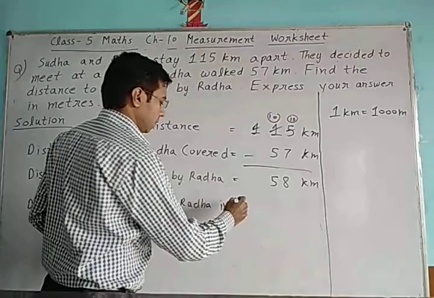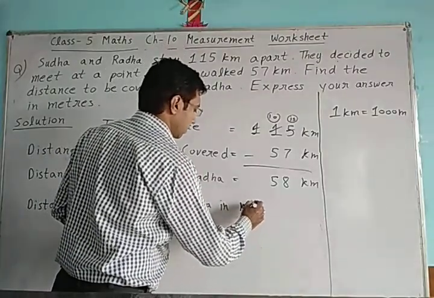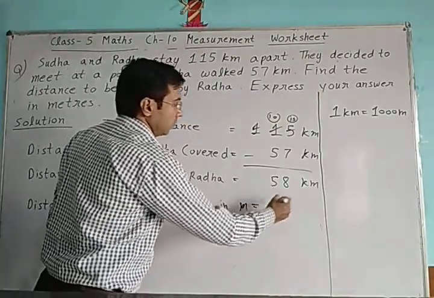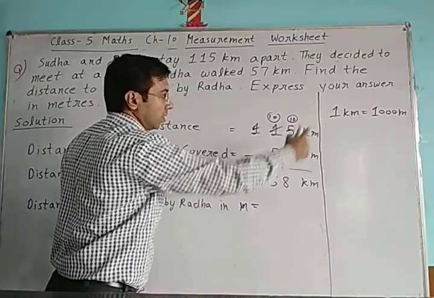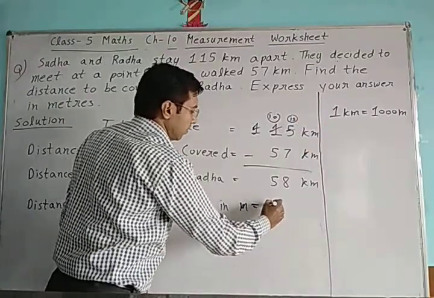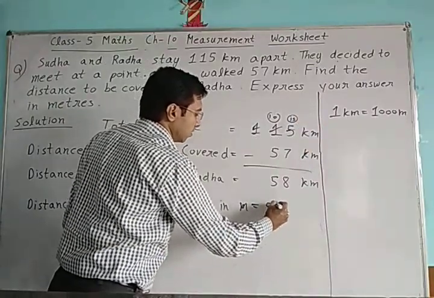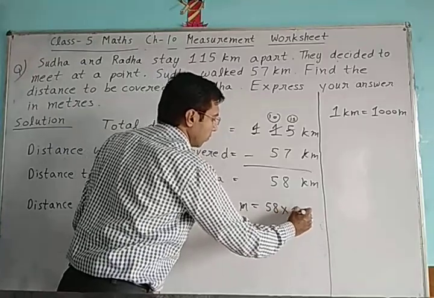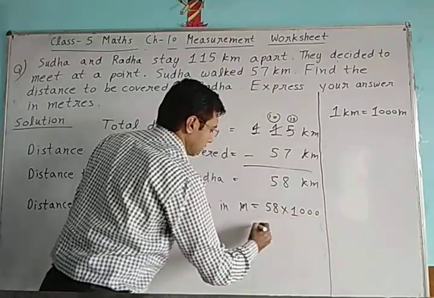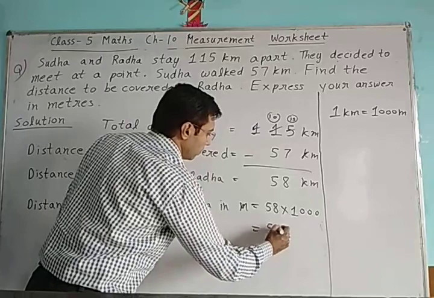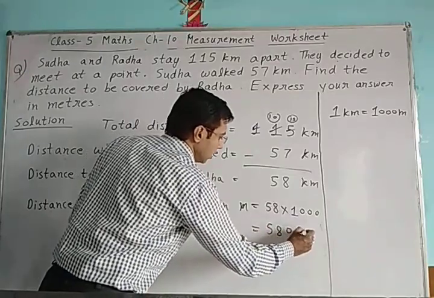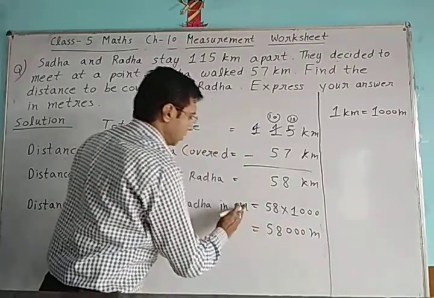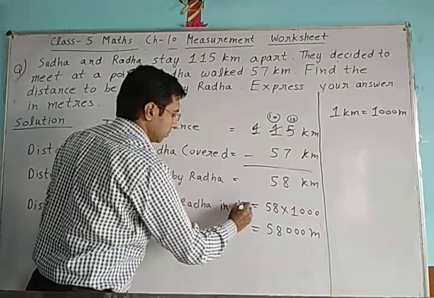So what we do? We know 1 kilometer is equal to 1000 meter. 58 multiply 1000 is equal to 58,000 meter.